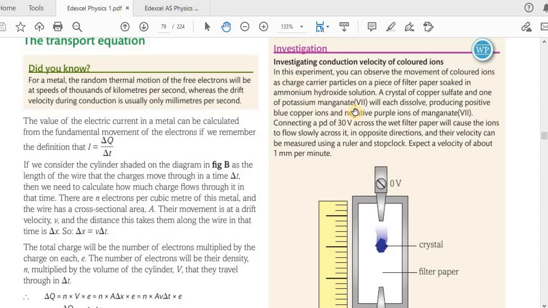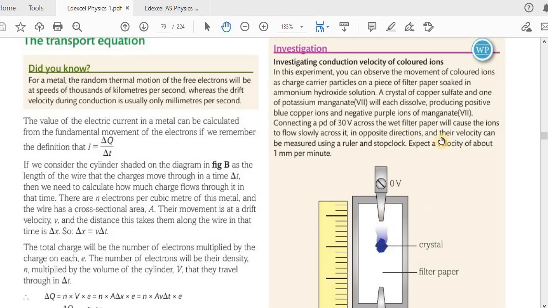So you have a solid crystal of copper sulfate and another crystal of potassium permanganate. You would have seen that in the lab. It is purple in color. Then copper sulfate, you have anhydrous and hydrated. The hydrated one is blue, anhydrous one is white. So you place each of them here.